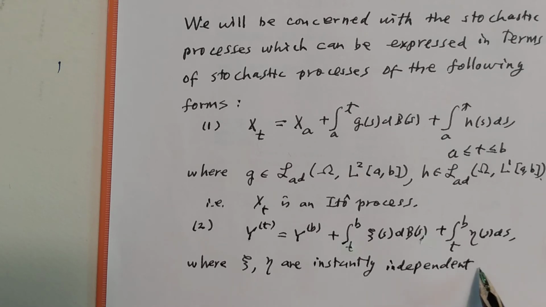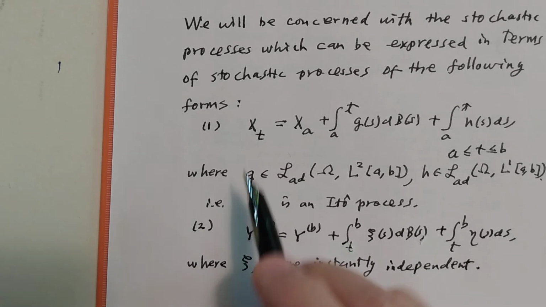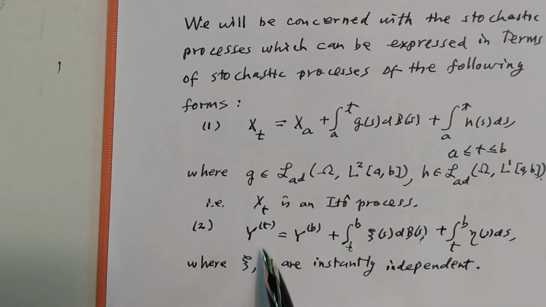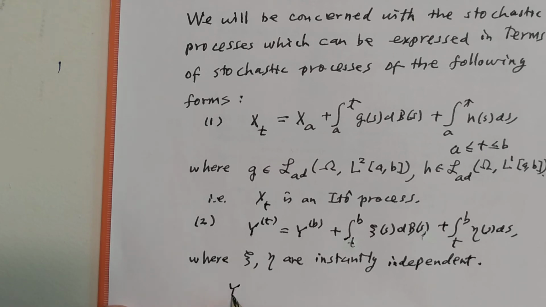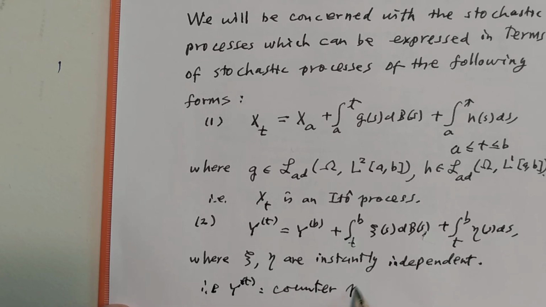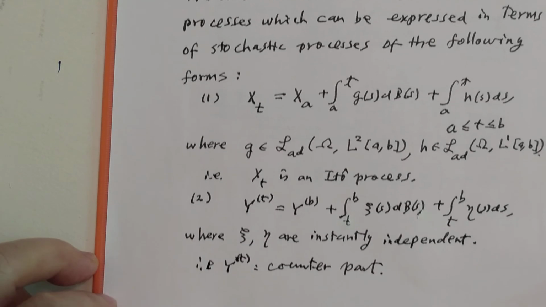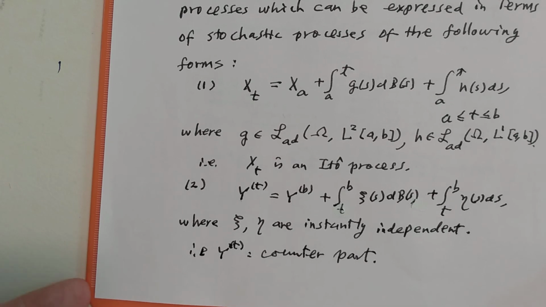And Y_t is also instantly independent. So X_t is an Ito process, and Y_t is its counterpart in our new theory of stochastic integration.